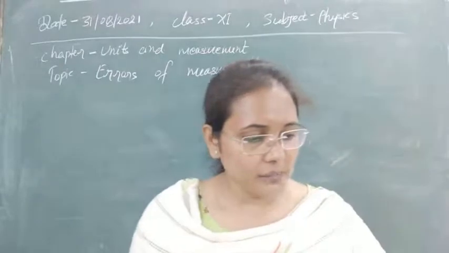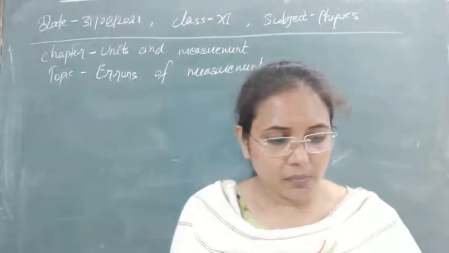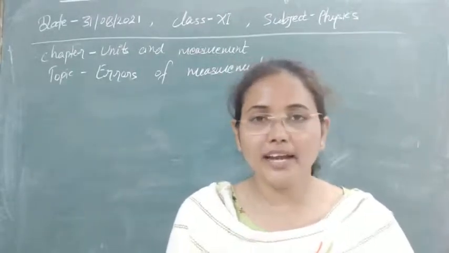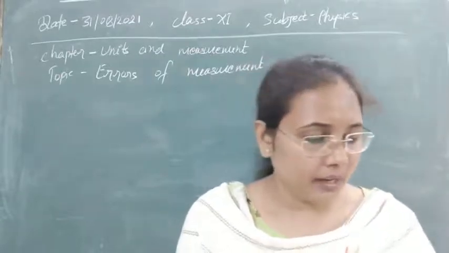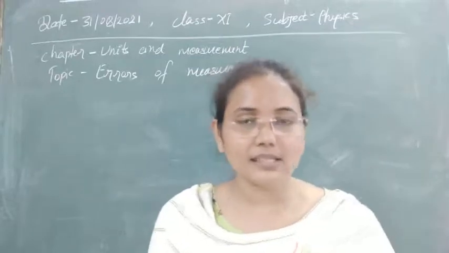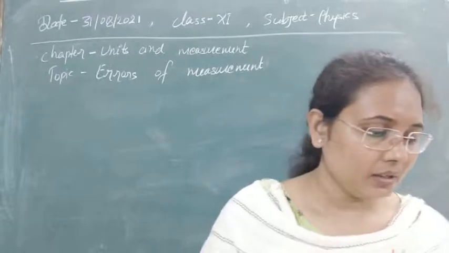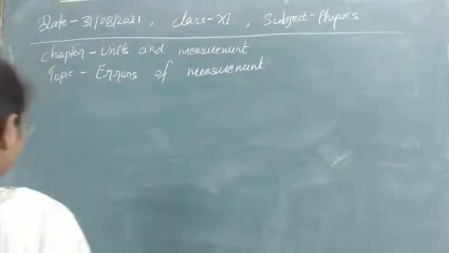Suppose in an experiment the refractive index of water is found to have the values 1.29, 1.33, 1.34, 1.35, 1.32, 1.36, 1.30 and 1.39. Let me write all these values.